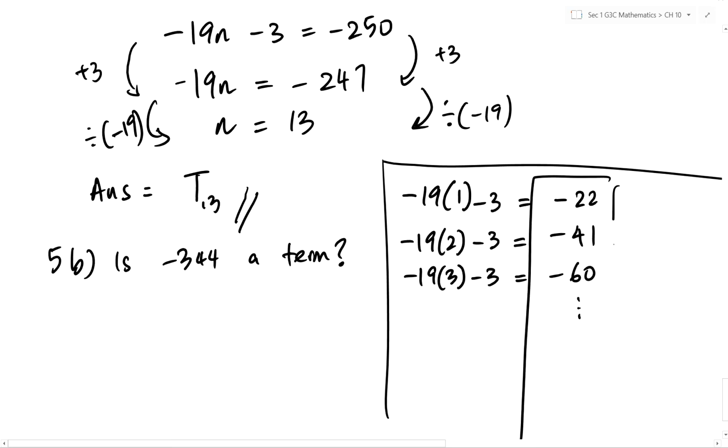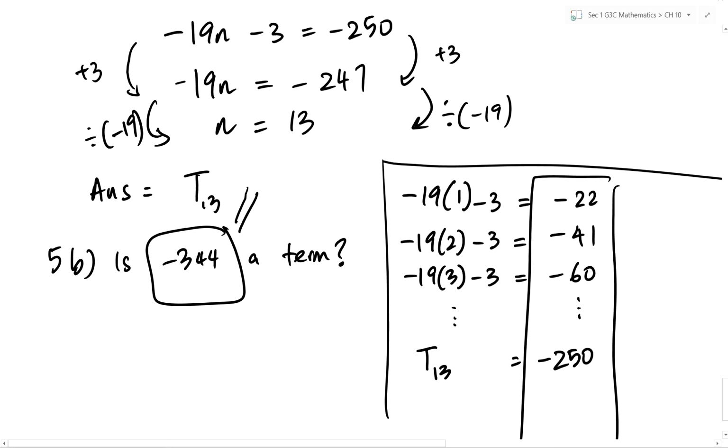This is our number pattern, isn't it? And when we go down to term number 13, we had its value equal to negative 250. So they are asking, is negative 344 found inside here? Is it part of the sequence?